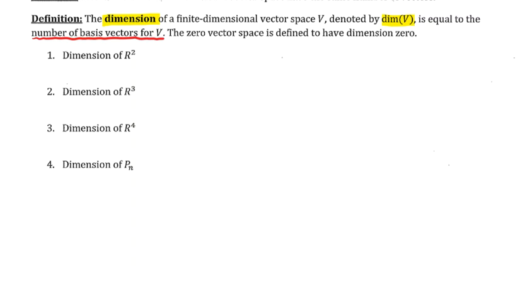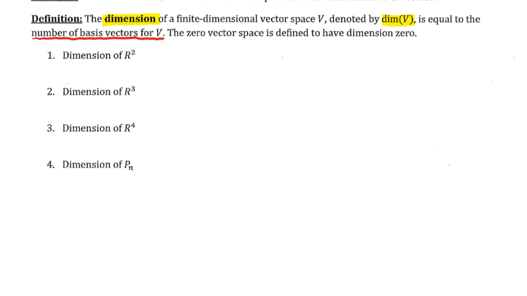Well, that kind of begs the question, okay, well, what if I have a vector space consisting of just the zero vector, which those vector spaces do exist? Well, in the case where you only had the zero vector, that vector space is said to have dimension 0. All right, so with all that out of the way, let's go ahead and see if we can find dim V for each of these vector spaces.